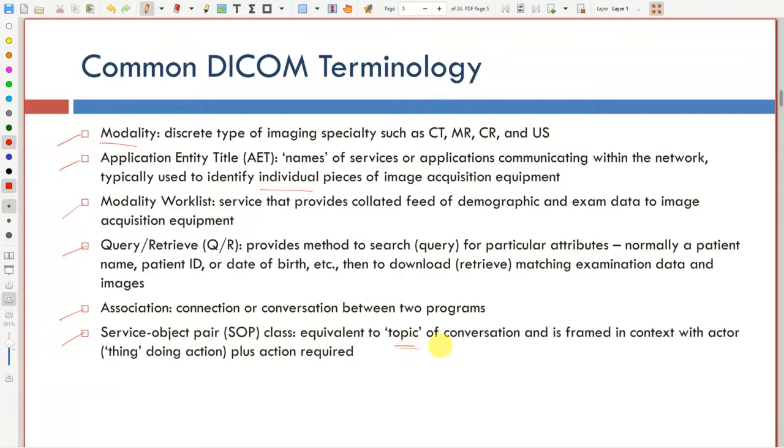It's framed in the context of the actor, meaning the thing doing the action, and the action required. If you're doing a query, the thing that does the action is the entity that has the images, and the action itself is a query, to search for a certain attribute.